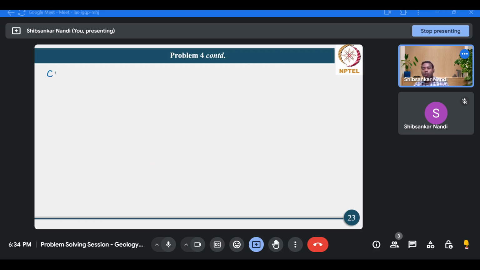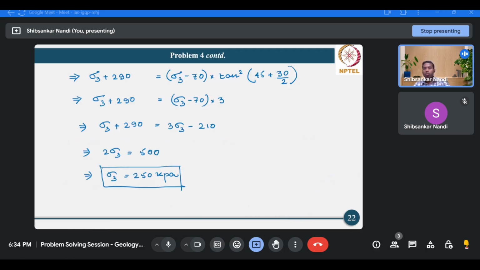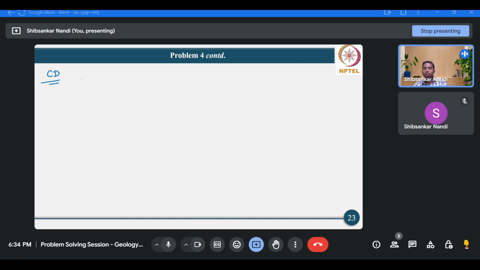Now we'll move on to the present test, that is consolidated drained. Here the sigma 1 prime would become sigma 1 and sigma 3 prime would become sigma 3. So sigma 1 prime will again be sigma 3 prime tan square 45 plus phi prime by 2.